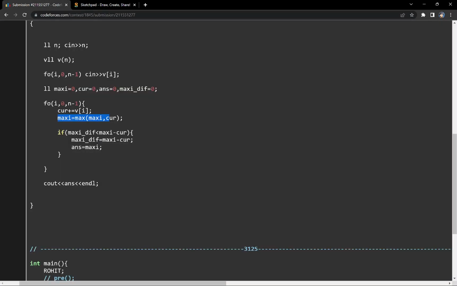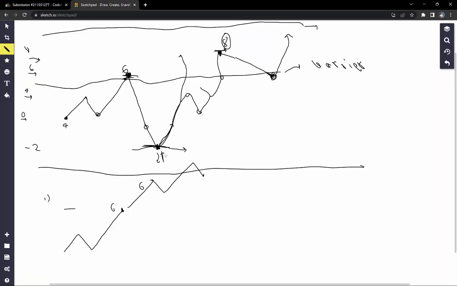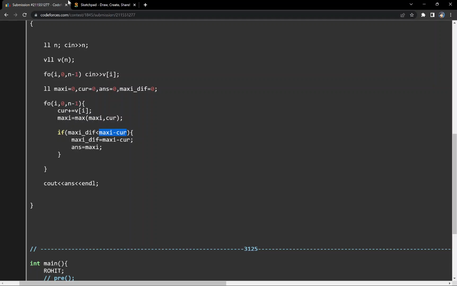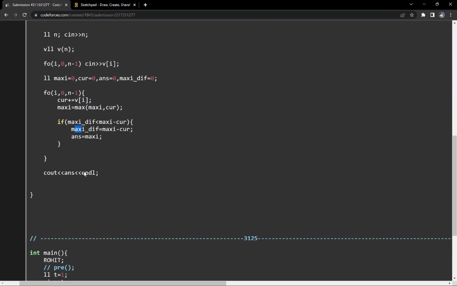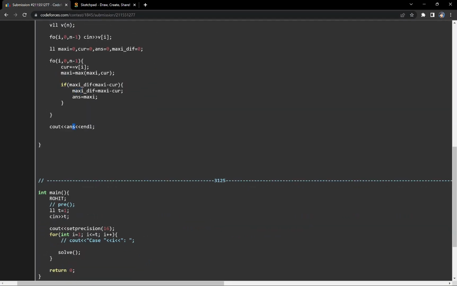Okay, and if the maximum difference is still less than the difference we are getting now, suppose we reach this point and the maximum difference we can reach is the current position minus this maximum, which initially was this, but now the maximum difference we are getting at this particular step, so we will update our maximum difference, and we say that the barrier line should be at this particular maximum level, and we will print the answer at last.